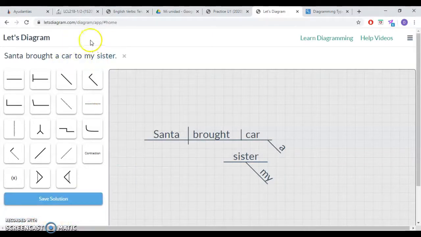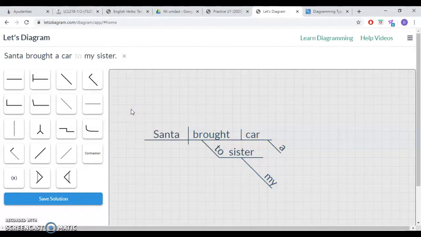We have moved these two elements, a car to my sister, but the position doesn't change in the diagram. It remains the same. Okay, the only thing you have to add here now is the preposition to my sister. Okay, the only thing you have to add is the preposition to the structure. The positions don't change between the direct and the indirect object. Okay, you have to remember that.